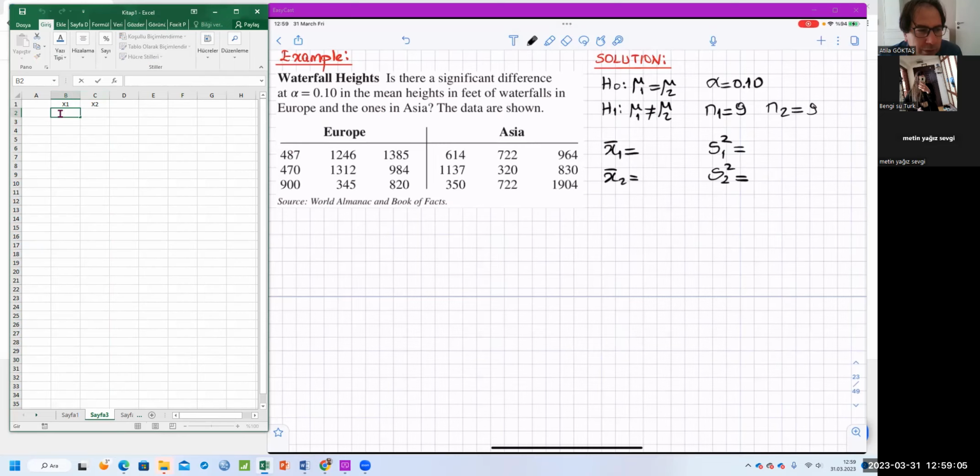Just to be quick, I'm using Excel. I'll enter the data set right here: 487, 470, the next one is 900, the next one is 1246, 1312, 345, 1385, 984, 820.